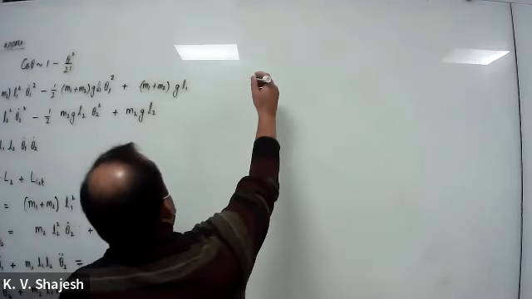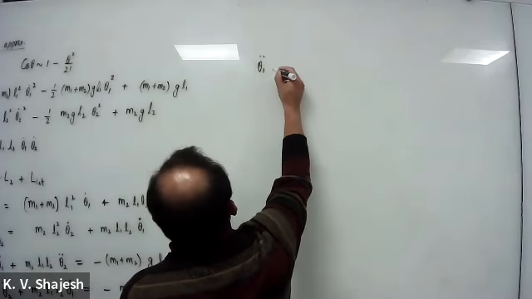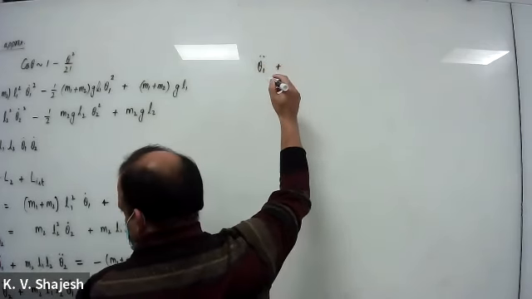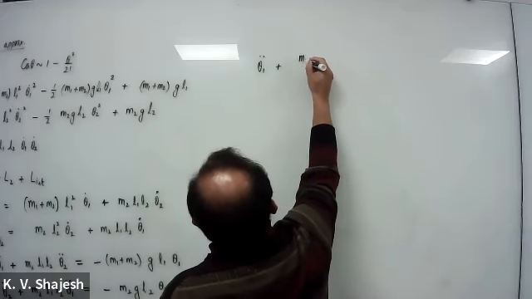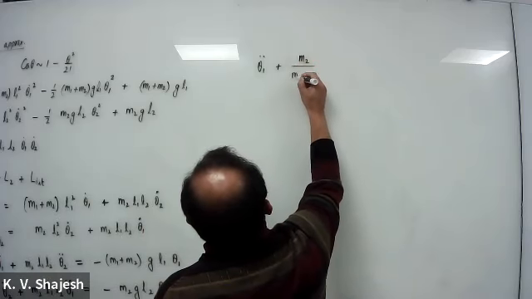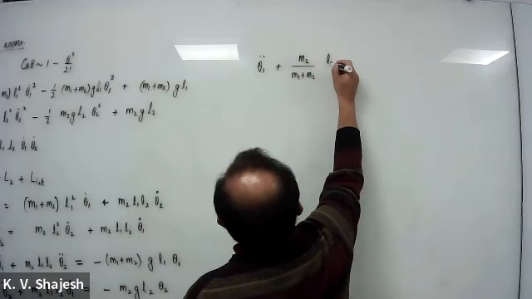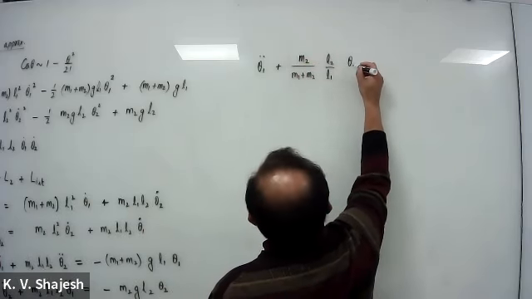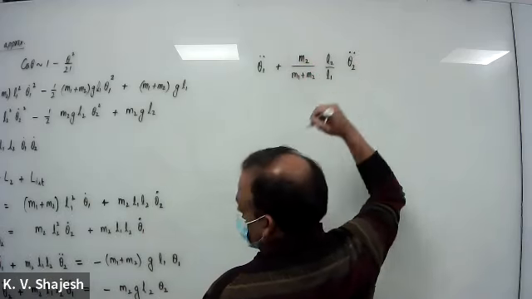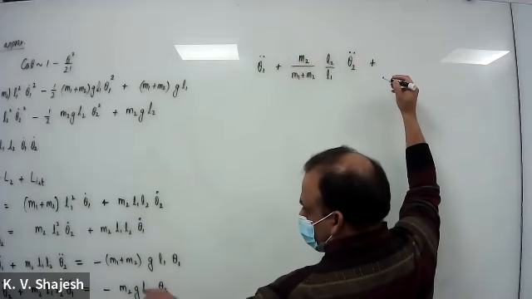The first equation gives me theta 1 double dot plus m2 over (m1 plus m2) times L2 over L1 times theta 2 double dot. And let me write it on the left side.